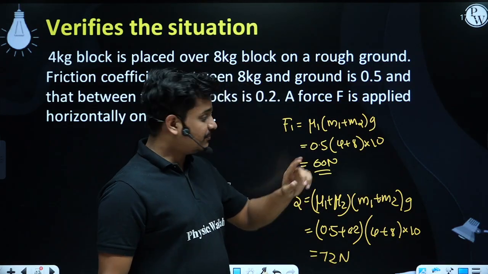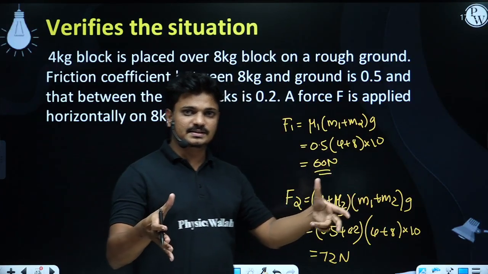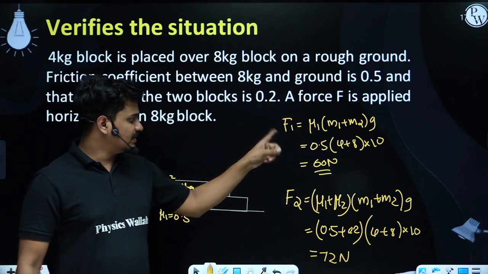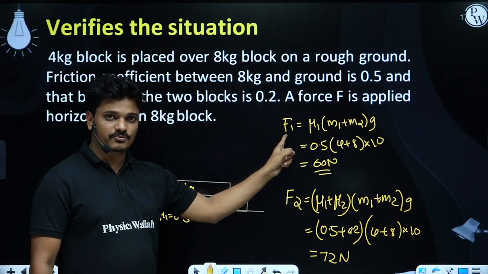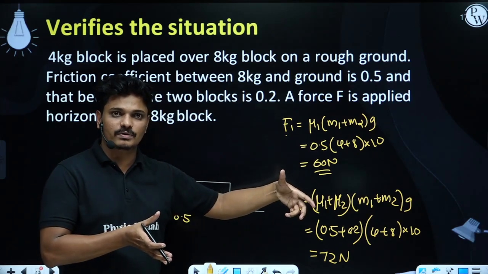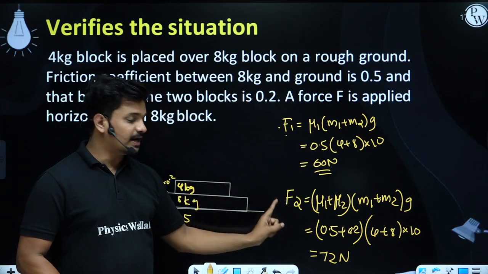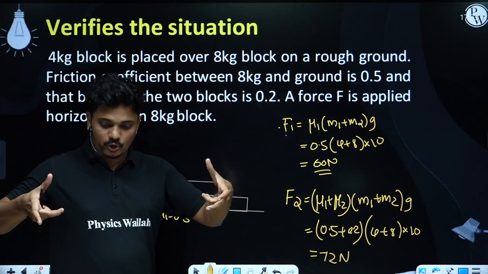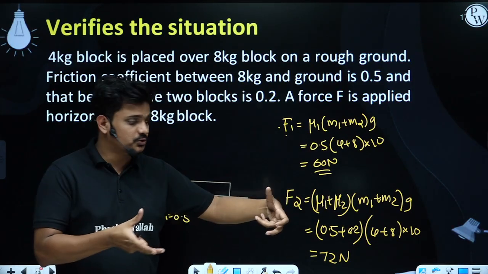That means if our external force is less than F1, the total system is at rest. If the external force is equal to F1, that means 60 Newton, the total system starts to slide over the ground. If the external force is between F1 and F2, the M1 plus M2 system moves together.